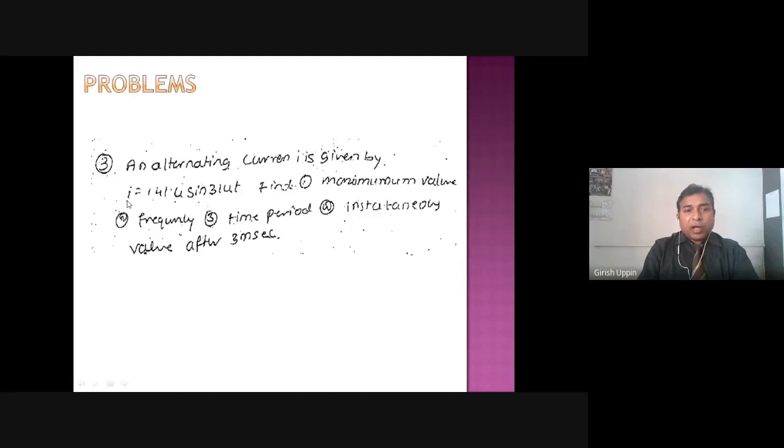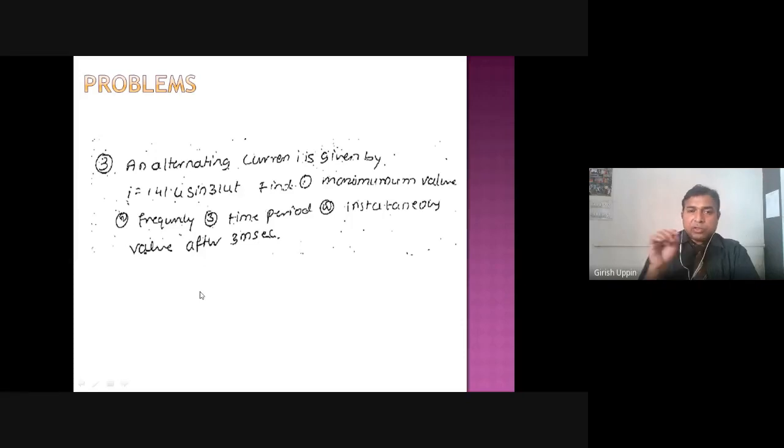So this is I is equal to Im sine omega t. If you compare this equation with I is equal to Im sine omega t, Im becomes 141.4 amperes, and omega will become 314.